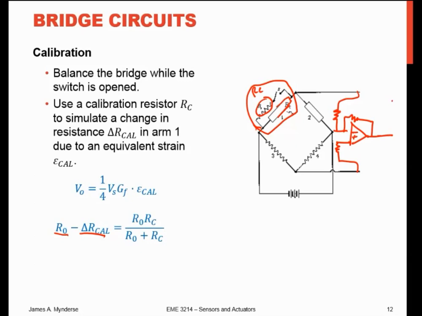That delta R cal is going to correspond to some particular strain that we want to calibrate for. And we've got to calculate what parallel resistance value of RC is going to result in the same effect as if we had actually changed the resistance in that strain gauge by straining it.